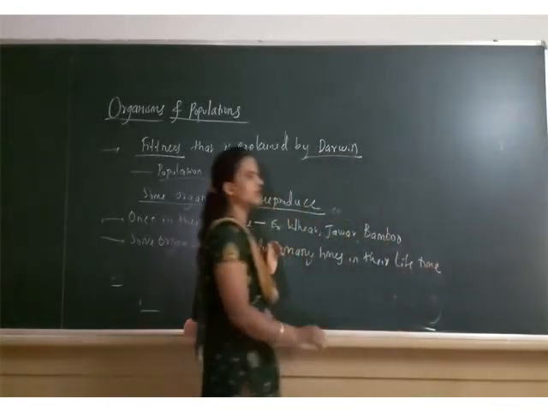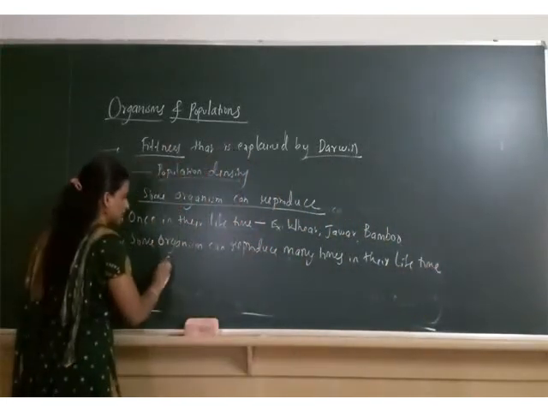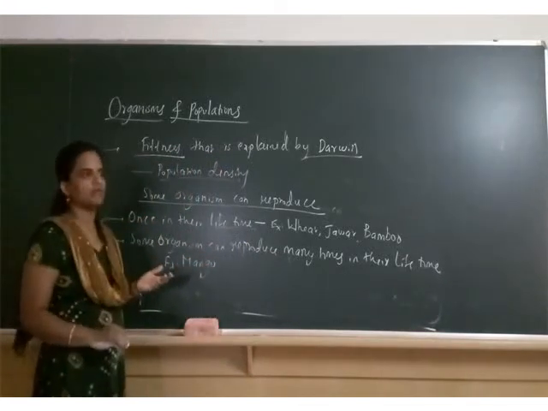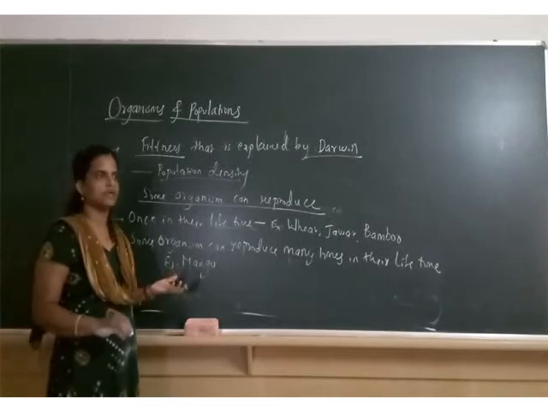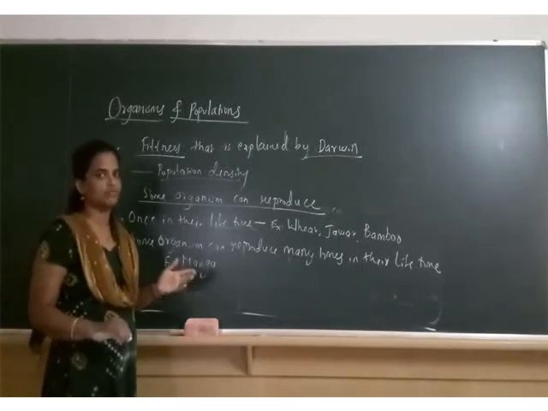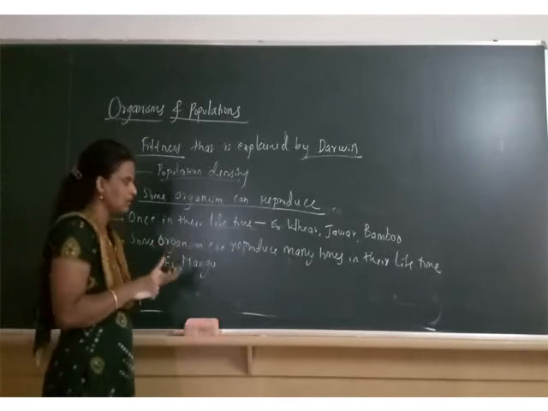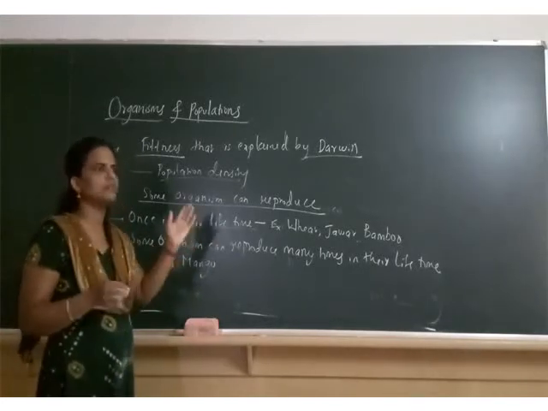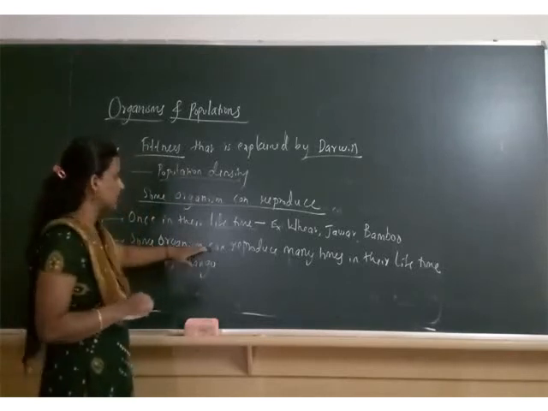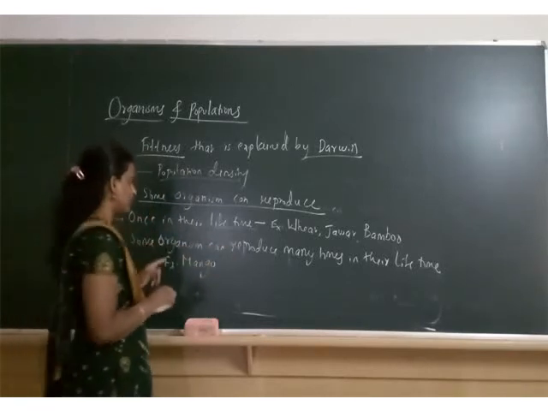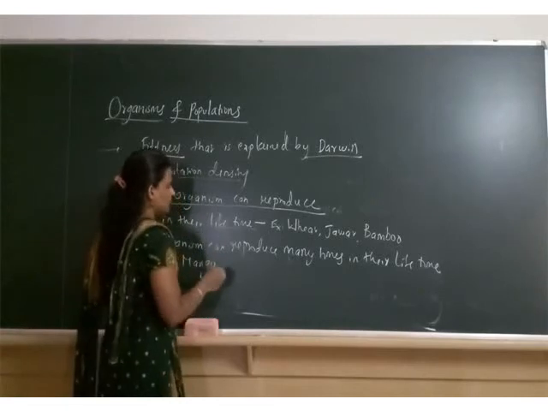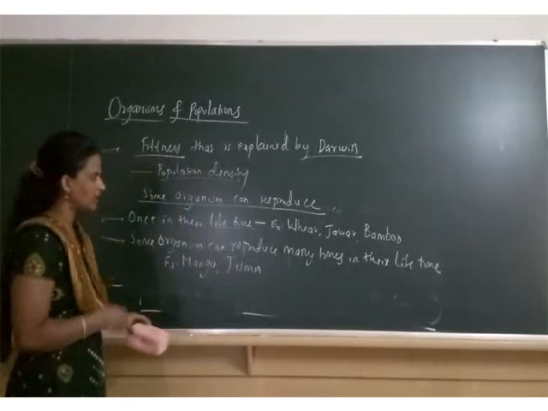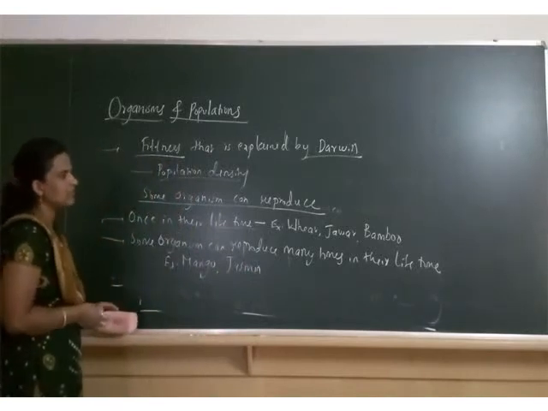For example, mango. Yearly on a mango tree we will get flowering, and we will get formation of seed and fruit. Again the next summer season, flowering comes, fruit comes. Means a single tree can reproduce many times. For example, mango, or jasmine. Like this the reproduction happens many times.